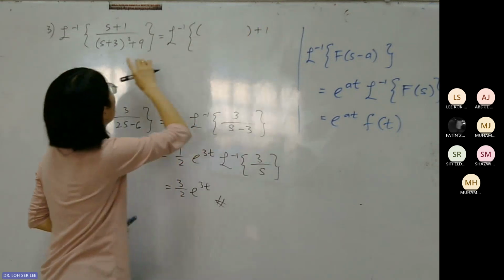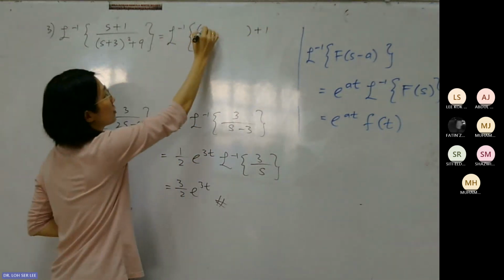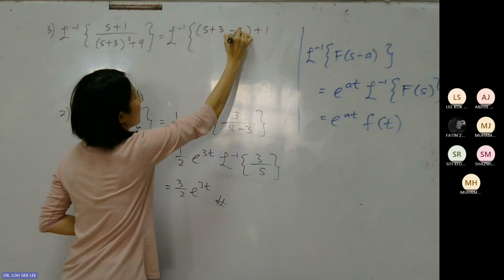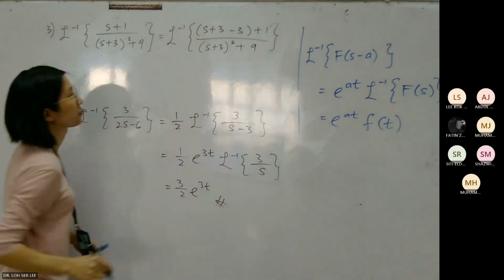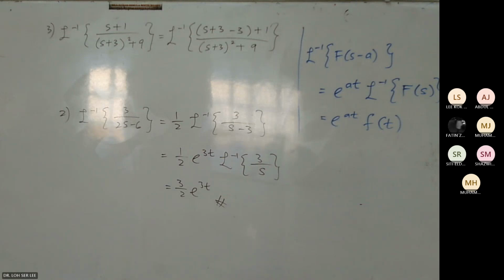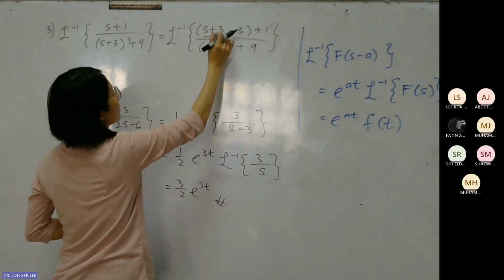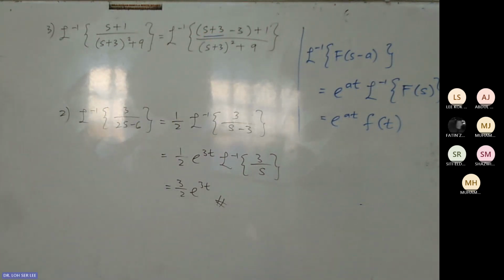We want the s plus 3, so s plus 3 minus 3. Because we want this, then open the bracket, simplify. You preserve the s plus 3 at the top.